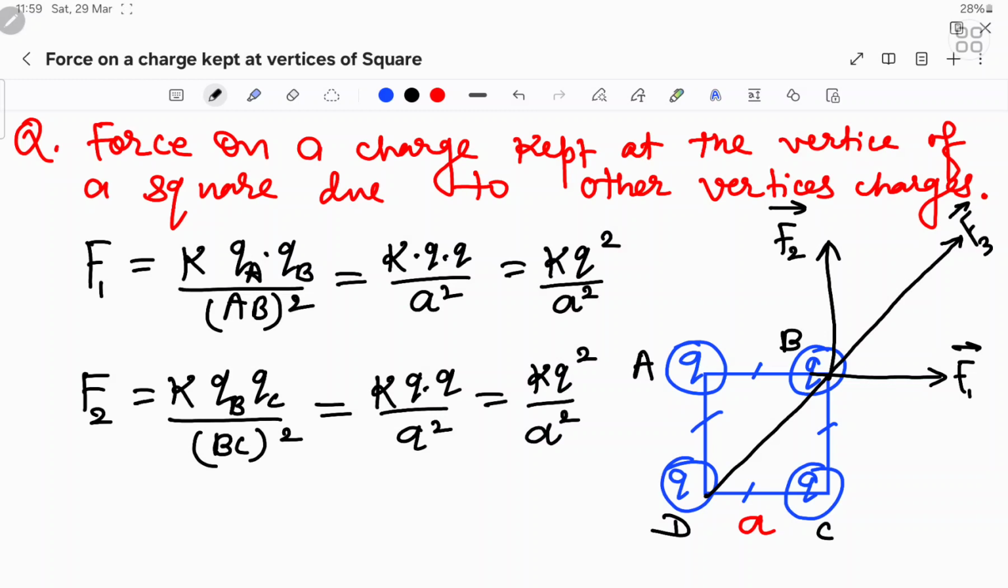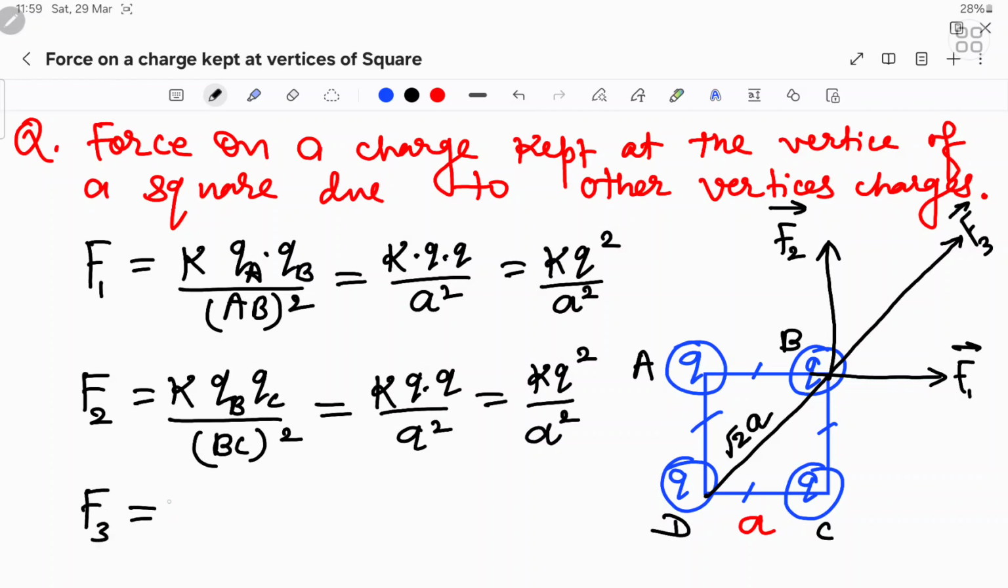For this we have to find BD. BD is equal to a root 2, or you can write it root 2 a. That's better.